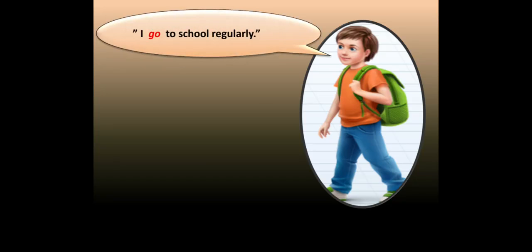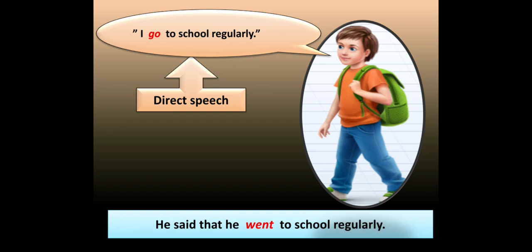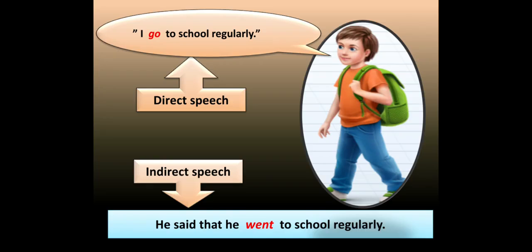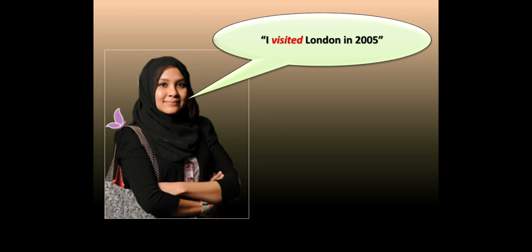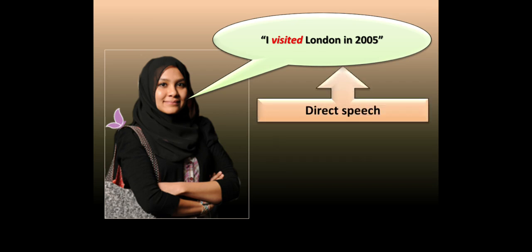"I go to school regularly." Direct speech. He said that he went to school regularly. So here, go turns into went. "I visited London in 2005."